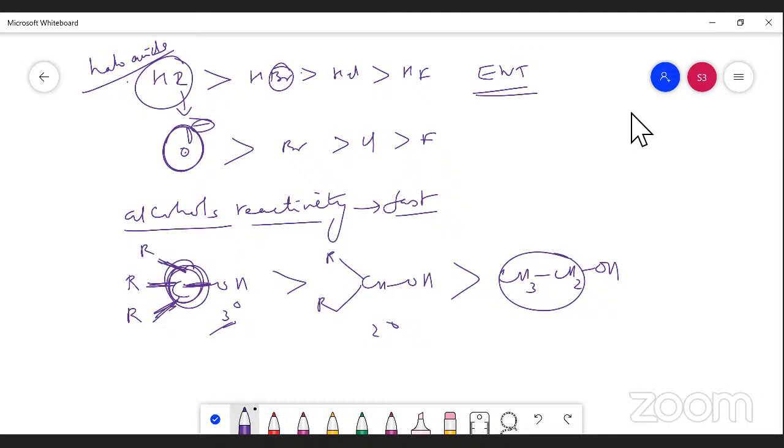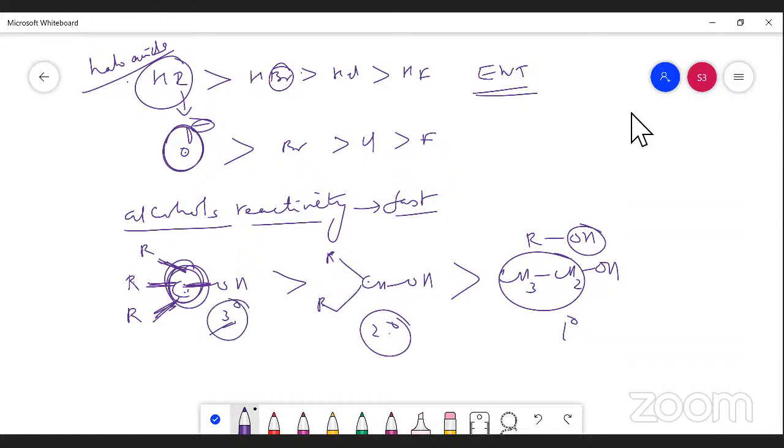This is alkyl with OH. One R with OH on the carbon is primary, two R with OH on the CH carbon is secondary, three R on the C carbon is tertiary.